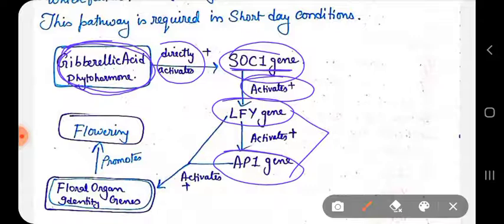These floral meristem identity genes finally activate the floral organ identity genes, which are Apetala 1, Apetala 2, Apetala 3, Pistillata, so only Pistillata, then Agamous, and finally it promotes the flowering. So very easy, the gibberellic acid pathway for flower development.